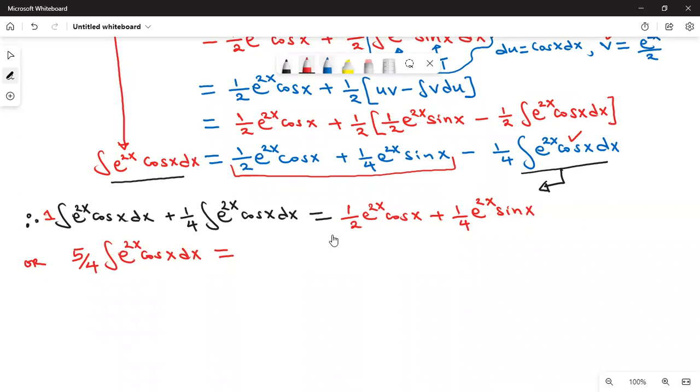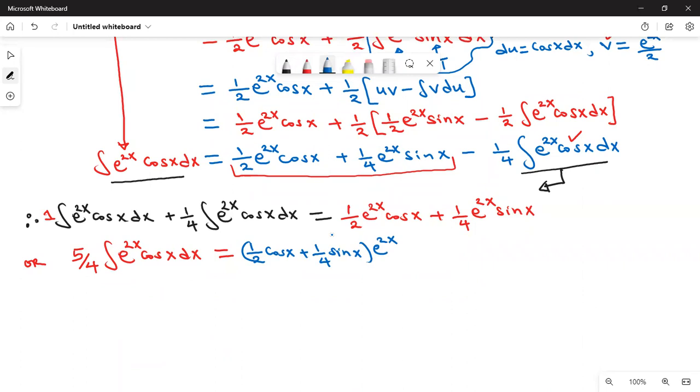It's the same as what we have on the right-hand side. Of course, I can factor out the exponential 2x. So this is 1 over 2 cos x plus 1 over 4 sine x. Exponential 2x is common, so I factor that out. That's what we have.